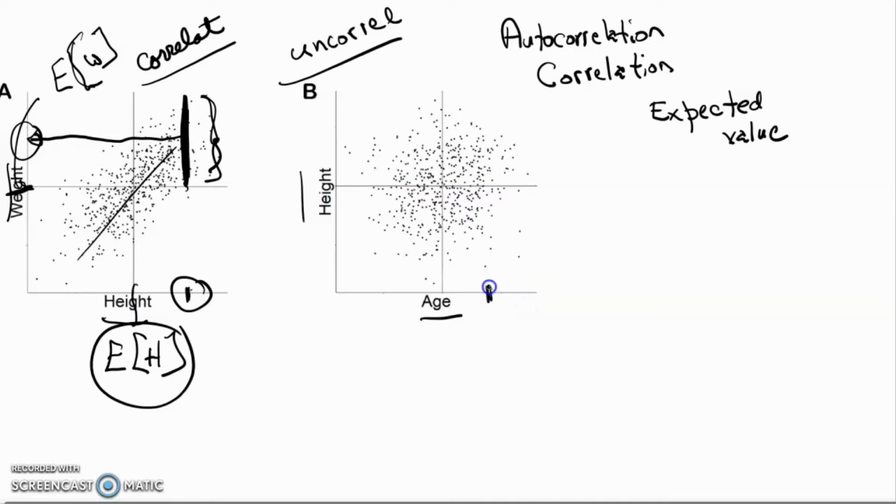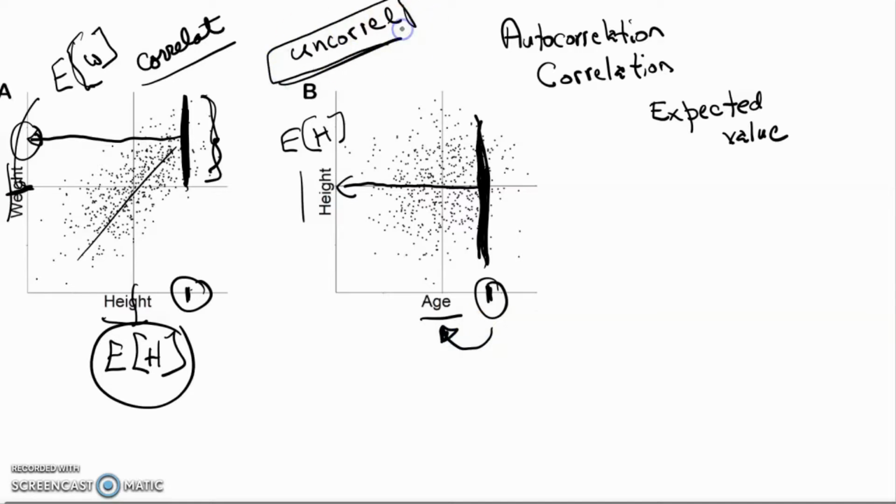And what we discover is if we take this particular age class, and there are all the folks in that age class, if you think about their average height, then the average height of those individuals is going to be equal to the expected value of height, even though those individuals are in an age class that is greater than the expected value of age. So in the case of uncorrelated data, age has no effect on height. So obviously we're dealing with adults, in a population that doesn't include children.